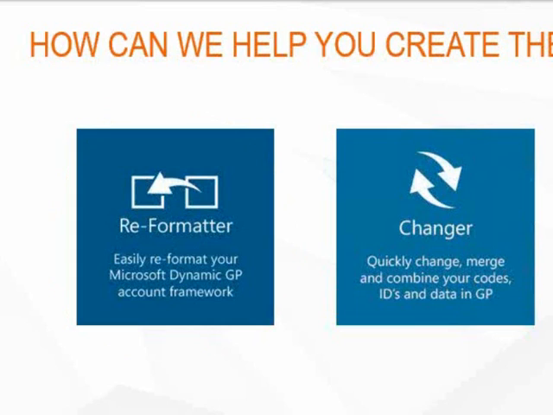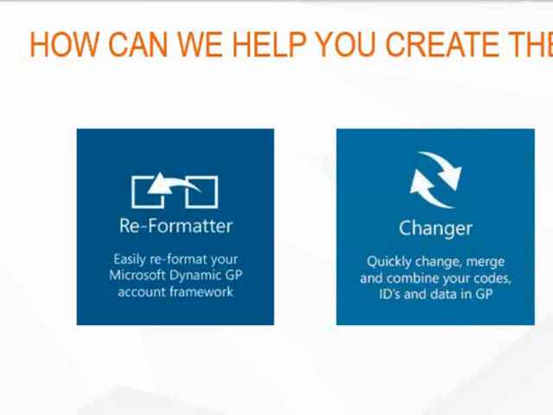Reformatter is going to allow us to do that. It's going to allow us to restructure and basically drive right over that account maximum that was set a long time ago, and set it up exactly how you want. So if the new structure exceeds the maximum on that account segment setup card, then we need Reformatter.